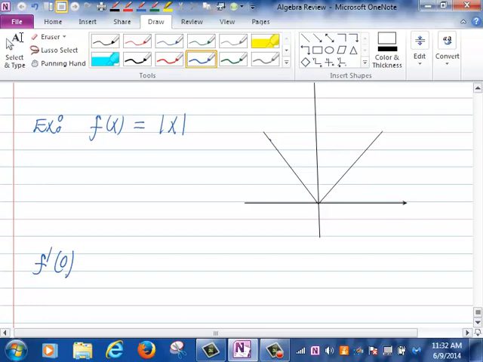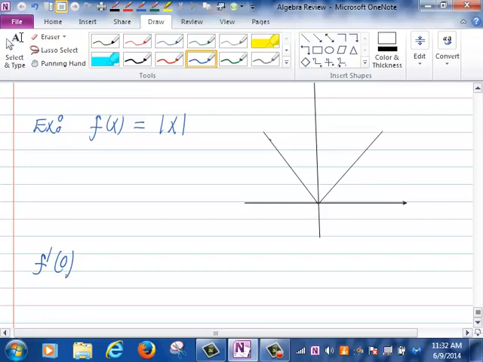The derivative of a function tells you the slope of the tangent line to the graph of the function at the point, right? f prime of a gives you the slope of the tangent at a. Now think about all the points here. What's the tangent line at any of these points? It's the same as the line, right? So what's the slope of the tangent at any of these points?